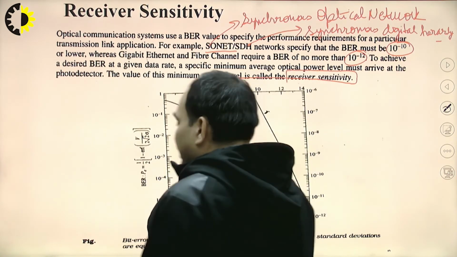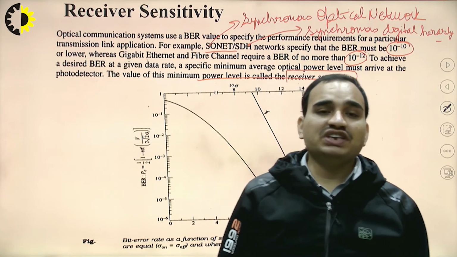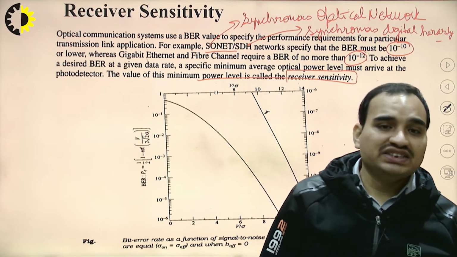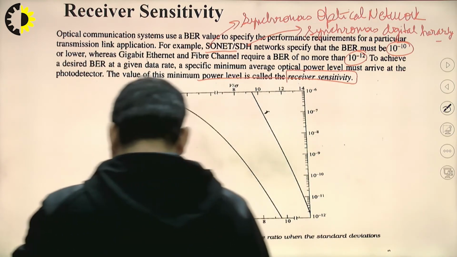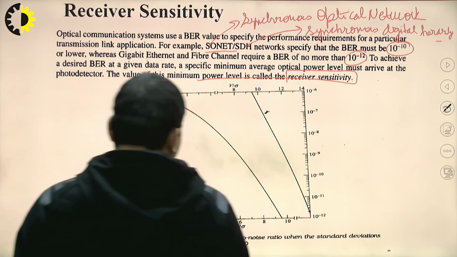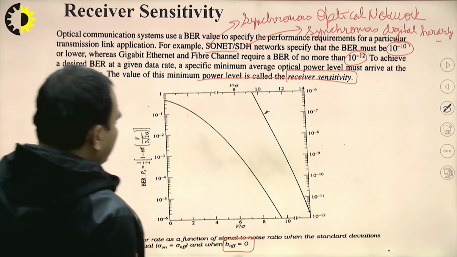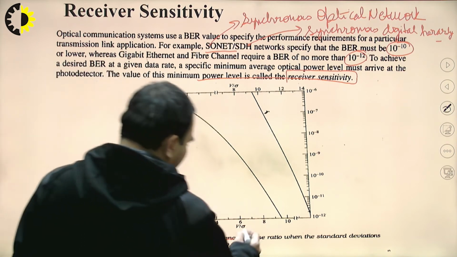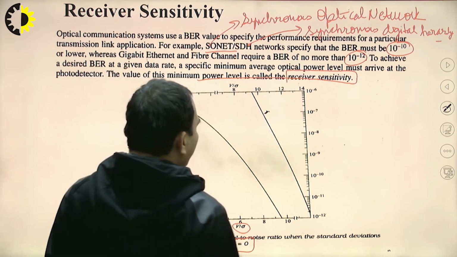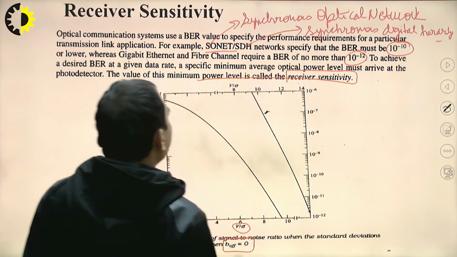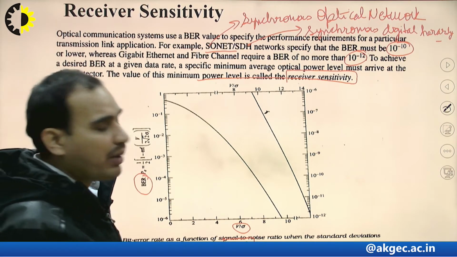So we can see in this figure the bit error rate as a function of signal to noise ratio when the standard deviations are equal, that is sigma on equals sigma off, when bit off is equal to 0. So we can see it is the voltage divided by the standard deviation. Here we have on the x-axis ranging from 0 to 10, and the y-axis is the bit error rate, that is BER, or the probability of error.